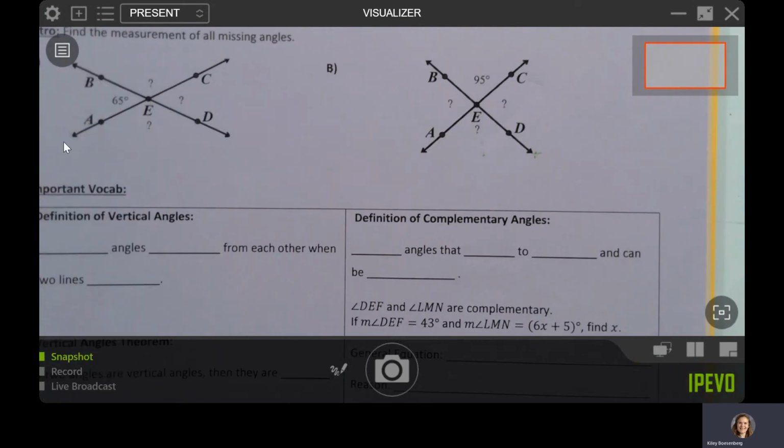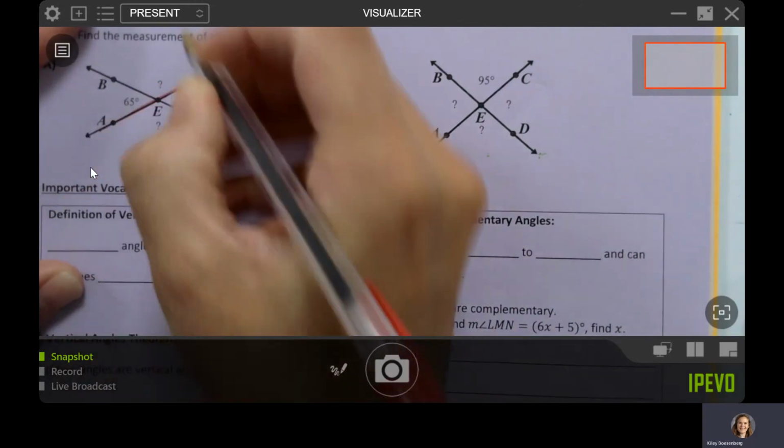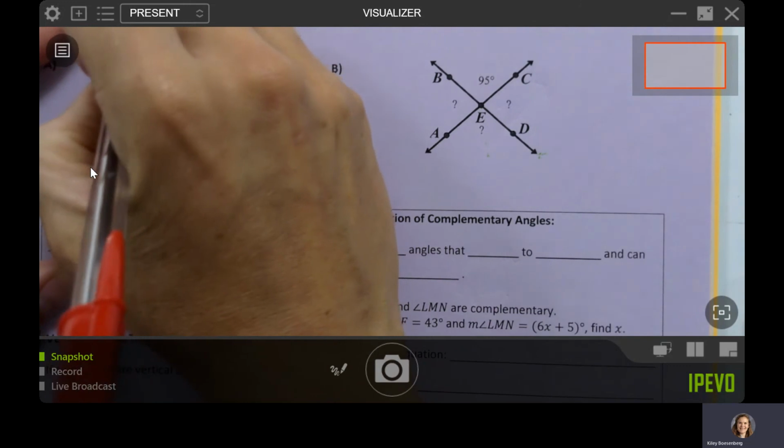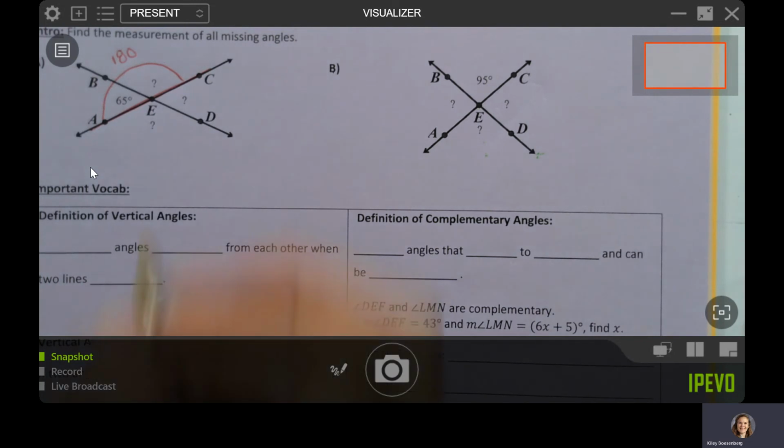With your calculator, yesterday we learned that 2 angles that form a line add up to how many degrees? 180. This is a straight line right here, it's 180 degrees. So what's 180 minus 65? 115. So 115 is going to go right here.